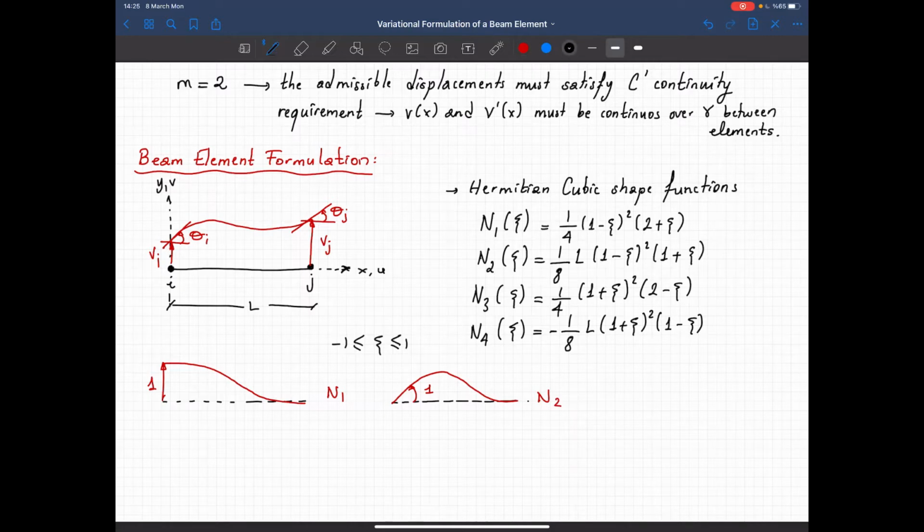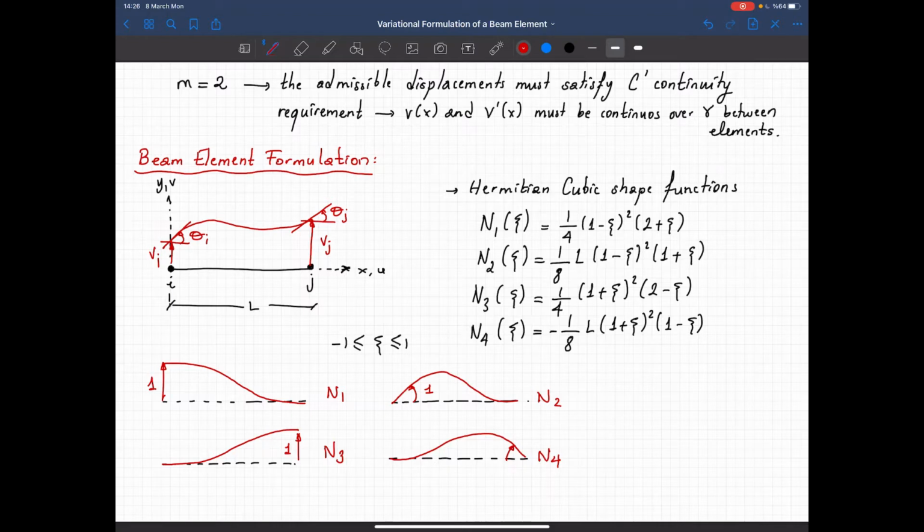That's N2. So N3 is this one, and that's equal to 1, and N4. So these are the graphs of the Hermitian polynomials within the following interval.